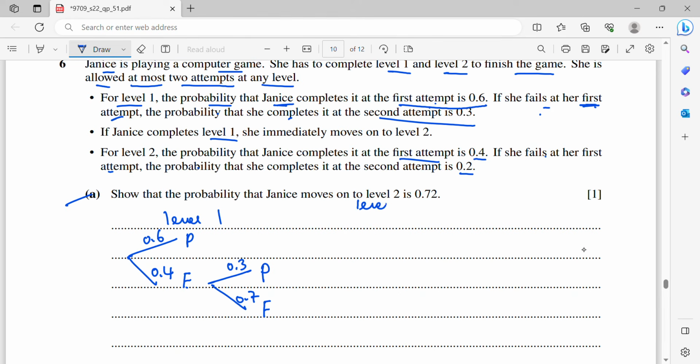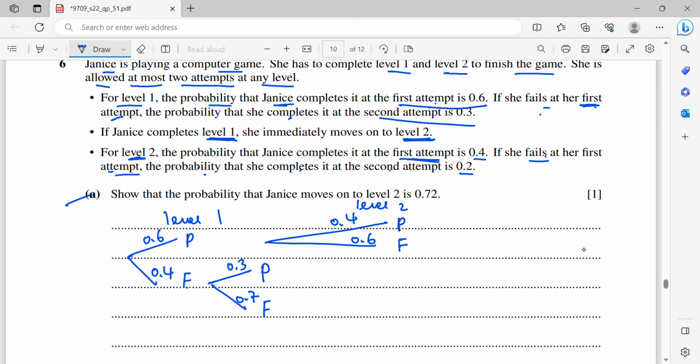Now, here level 2. So, once she has completed level 1, then she will move on to level 2. Now, for level 2, the probability that Janice completes it at the first attempt. So, here, first attempt is 0.4. So, fail is 0.6. If she fails at her first attempt, the probability that she completes it at the second attempt is 0.2.